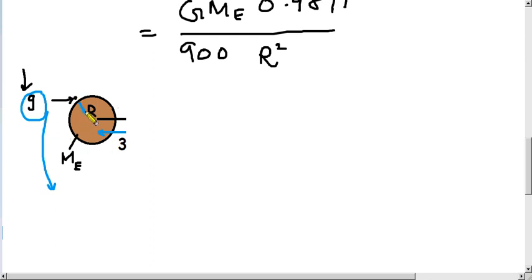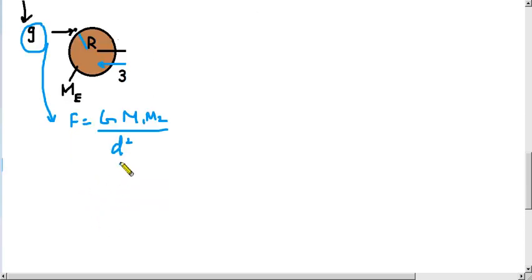The distance is R. F equals G m1 m2 divided by distance squared. So when this m2 goes to 1 kilogram, this F goes to g.